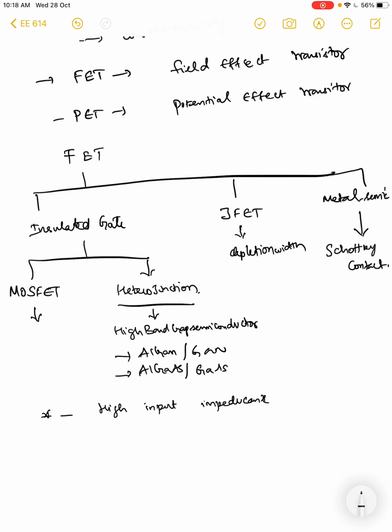Either way, you have a very high input impedance. High input impedance is very interesting for switching. It's important for amplifiers, and it also allows for impedance matching in microwave devices. So it's good for switching, amplifiers, and microwave devices.